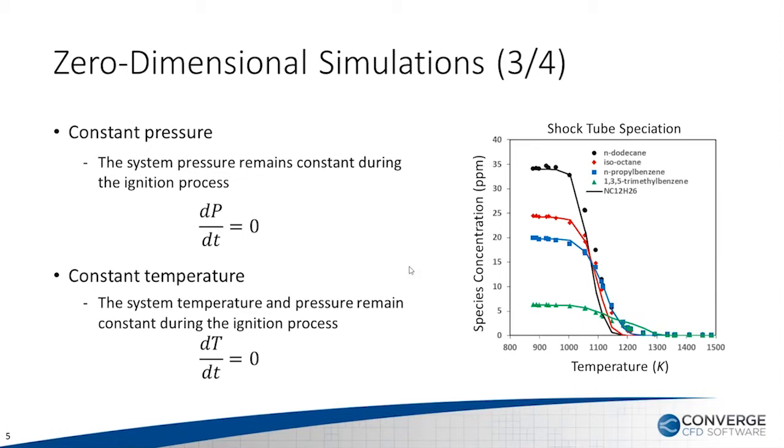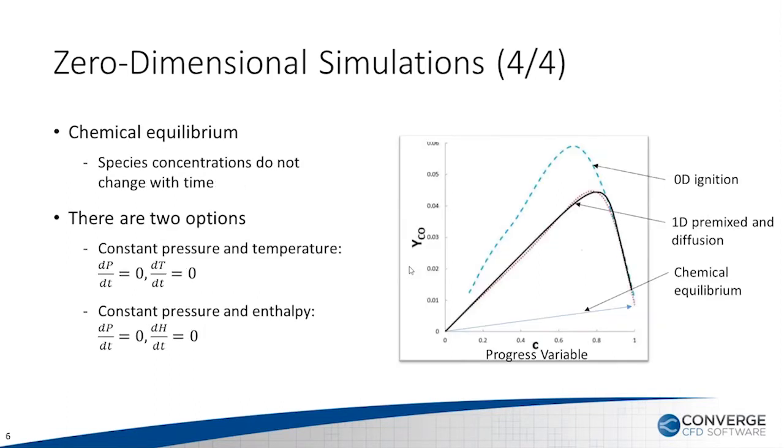Basically, this is a constant pressure application. The dots are from the measurements, and the line is from the simulation. You can see that even for a 0D simulation, we can get pretty good results compared to the measurement.